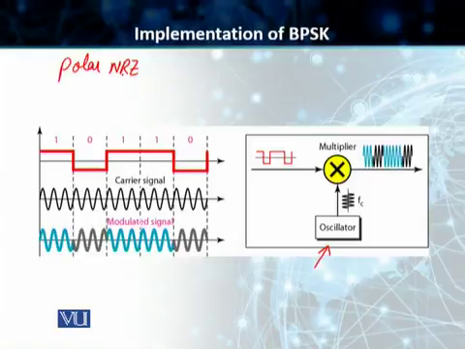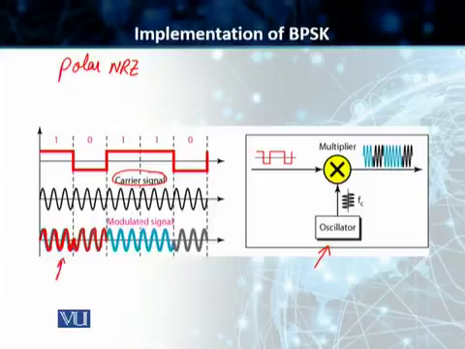Now students, in this particular case, the carrier signal is generated once again, and for 1 we have a phase of 0 degrees. No change in amplitude, no change in frequency, and the phase remains constant as well, no variation. Now students, जैसे ही we'll get a 0, the phase changes.